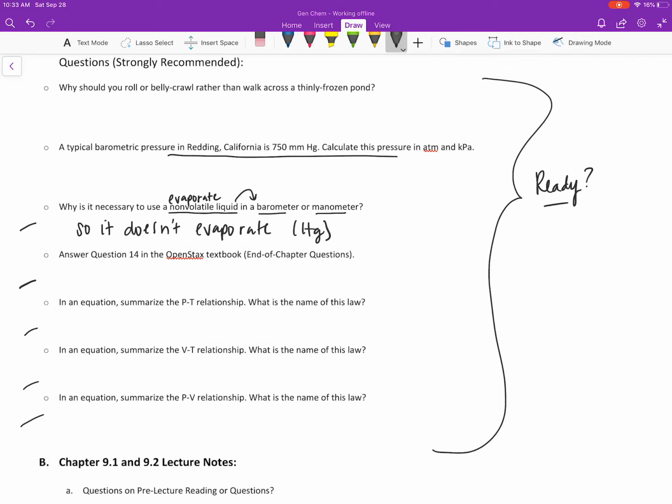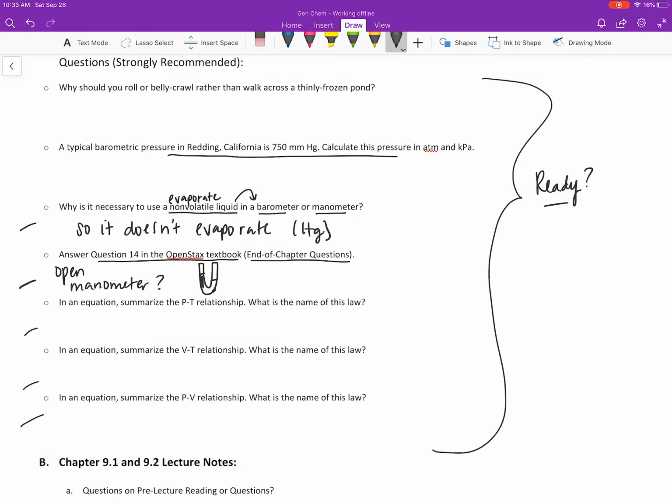The second one says, answer question 14 in the OpenStax textbook, the end of chapter questions, and it is an open manometer question. Okay, so there will be a couple of these on Sapling, so I want to practice through one. If you see the question, it looks like this, and don't judge my drawing.